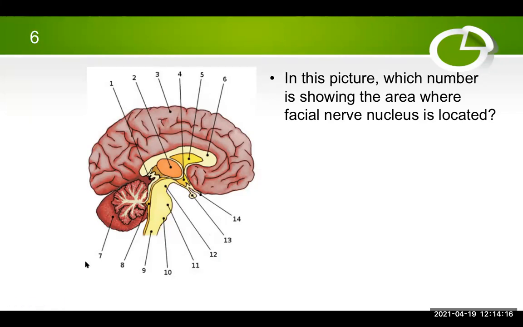Which area is 11? Pons. Excellent. The facial nerve nucleus is located in the pons, and number 11 is showing us the pons here.